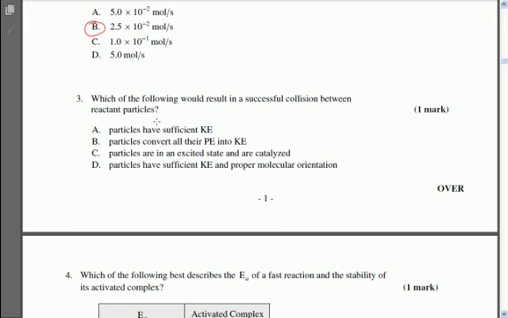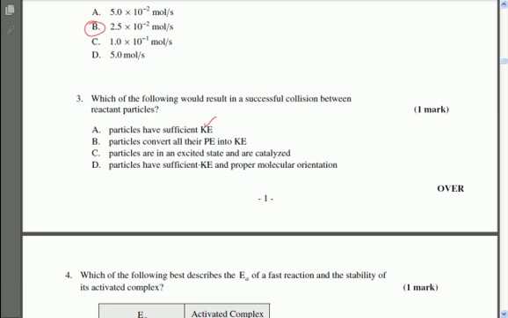Number 3. Which of the following would result in a successful collision between reactant particles? So, particles have sufficient kinetic energy, that is very, very important.